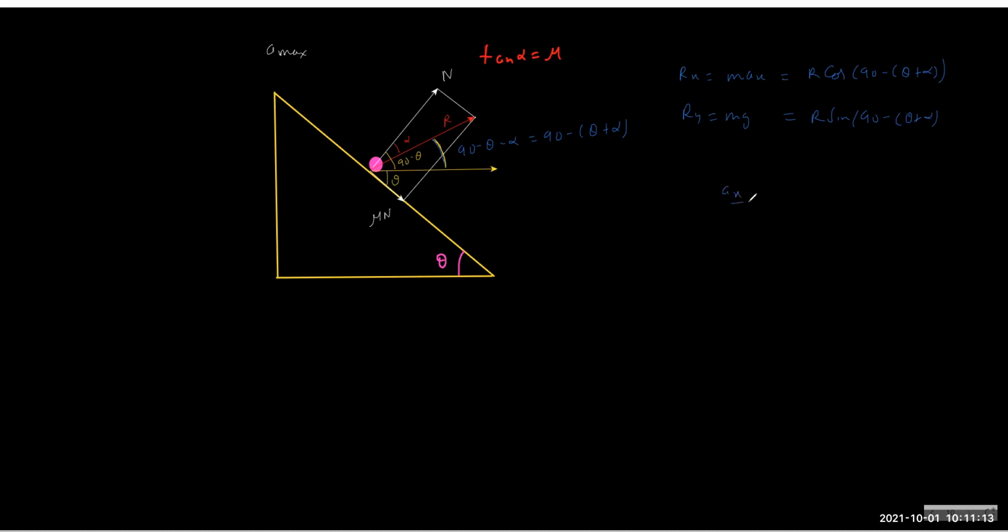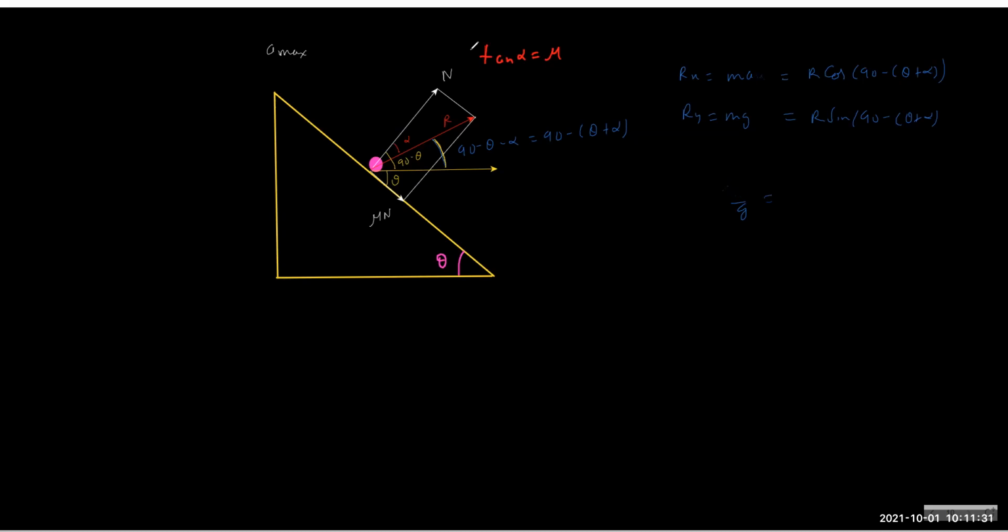So AX by G, or A by G, let's remove this, just to keep the consistency with what we wrote previously.